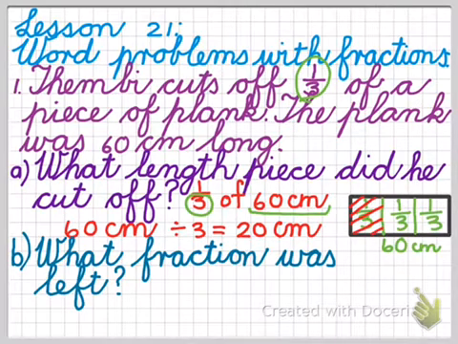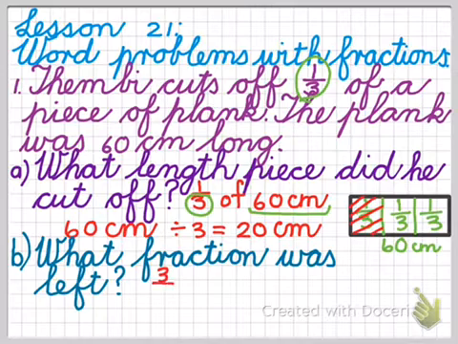Now let's look at B and the question that they're asking us at B. What fraction was left? What fraction of our plank was left? If one of the thirds has been cut off, let's make a little sum. In the beginning, do you remember how big our plank was?